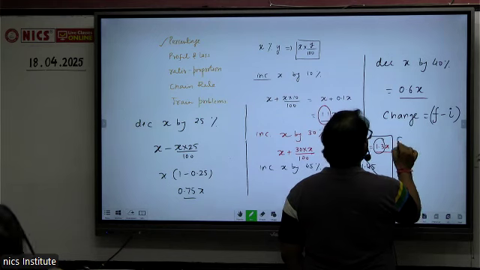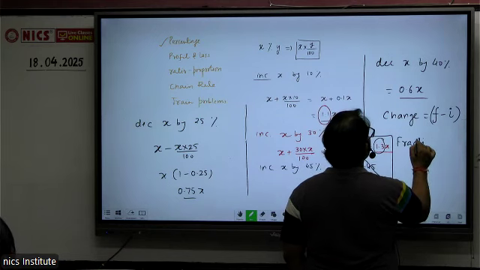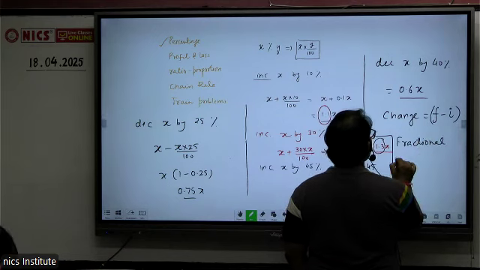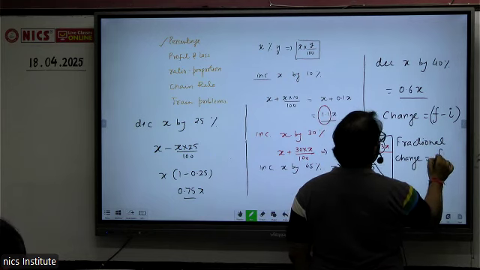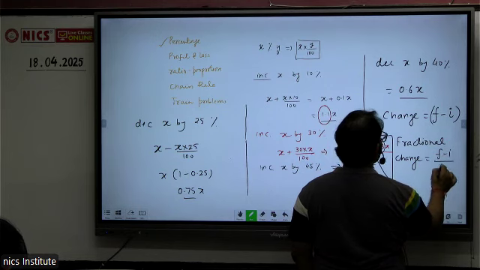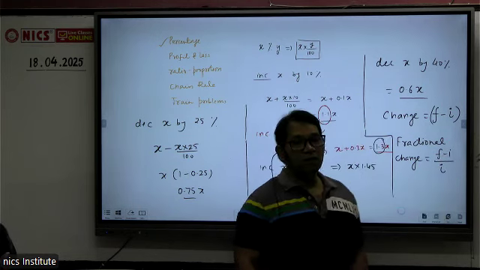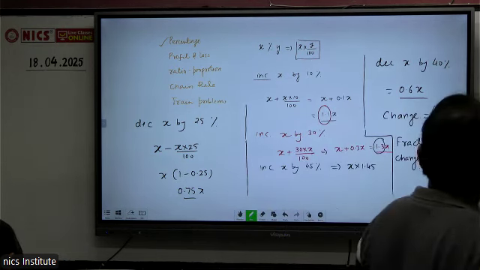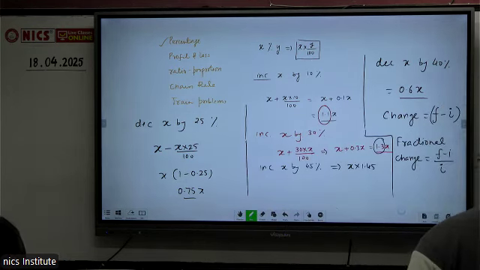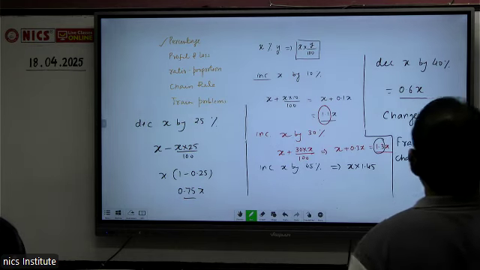What about fractional change? Fractional change would always be final minus initial by initial, because change is always calculated with respect to the initial value.